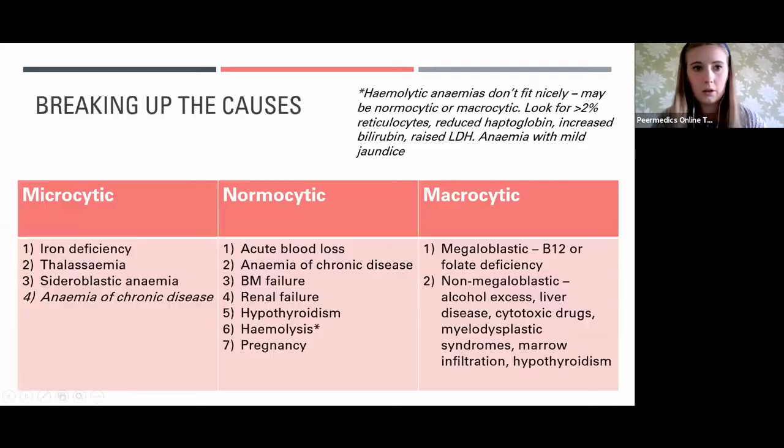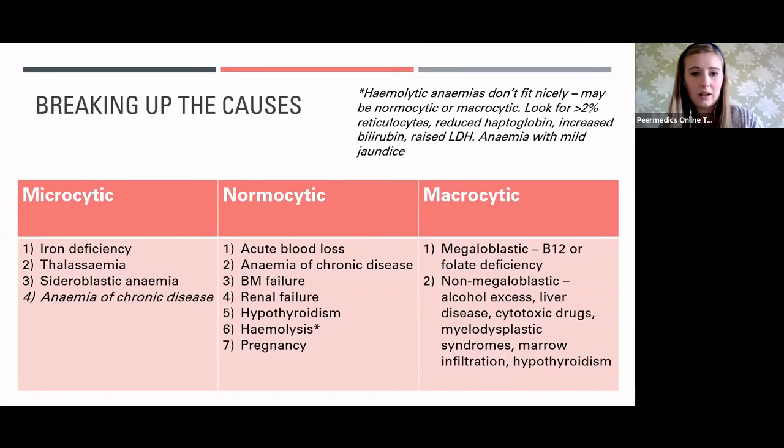Cool. So, breaking them up into causes, again going back to your MCV, you'll see that different textbooks will put some in different places, and that tends to happen with certain causes like anemia of chronic disease, where sometimes it can be one, sometimes the other, but one textbook will say religiously it goes in that one, and another religiously in another.